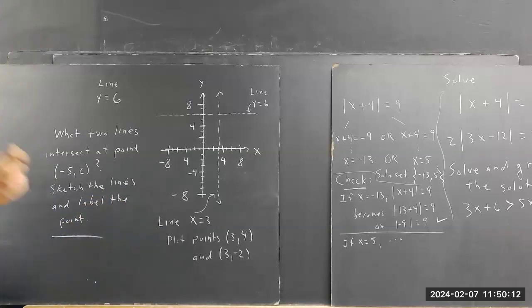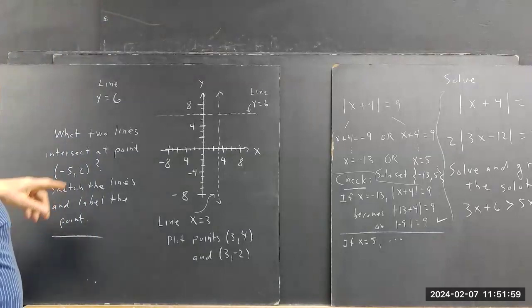And what two lines intersect at (-5, 2)? Then can you sketch the lines and label the point? Okay, as I expected, everybody got it.